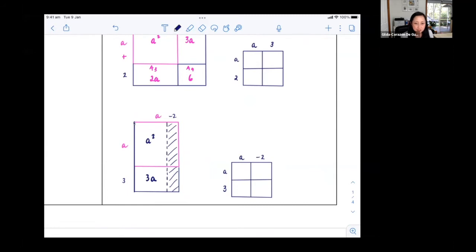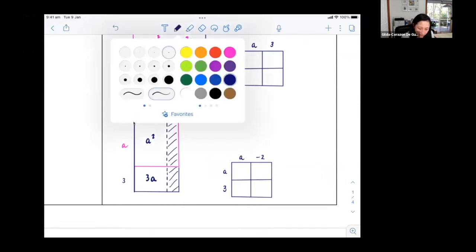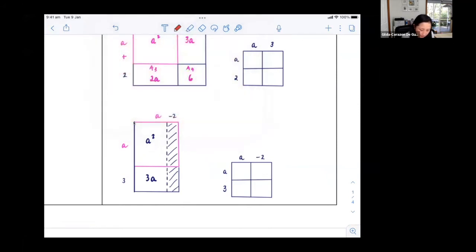Maybe I need to use red. This time we want to figure out the area of this shape without the shaded region that we have here. Now, how do we figure that out?